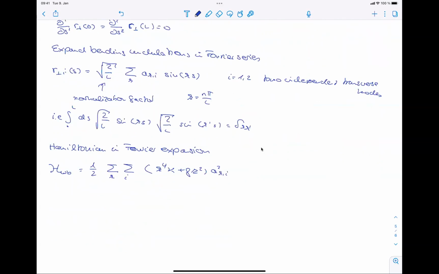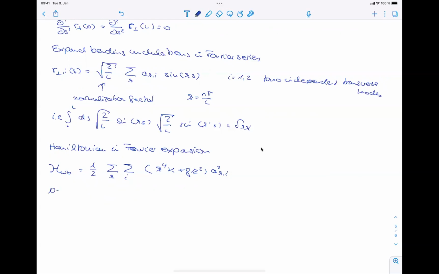Now from this relationship we can assess the magnitude of the individual modes that is given by these expansion terms A, because we know from the equipartition theorem that each transverse mode will have an energy of a half kBT. This is what can be thermally excited.